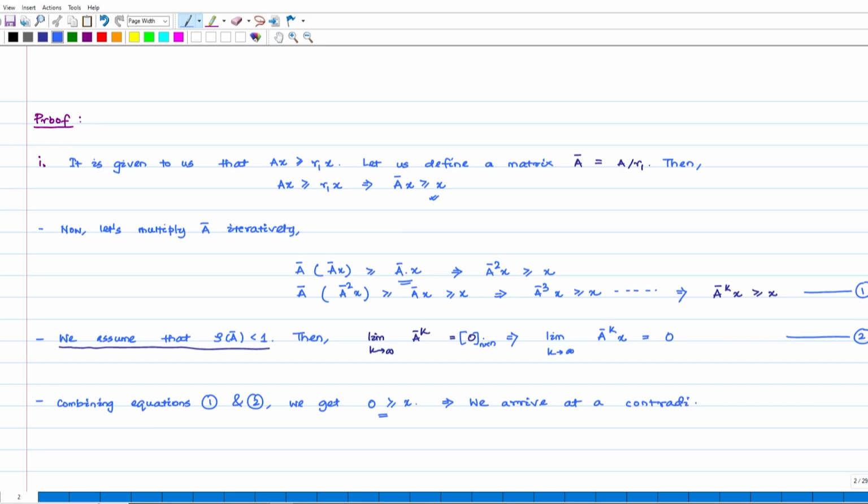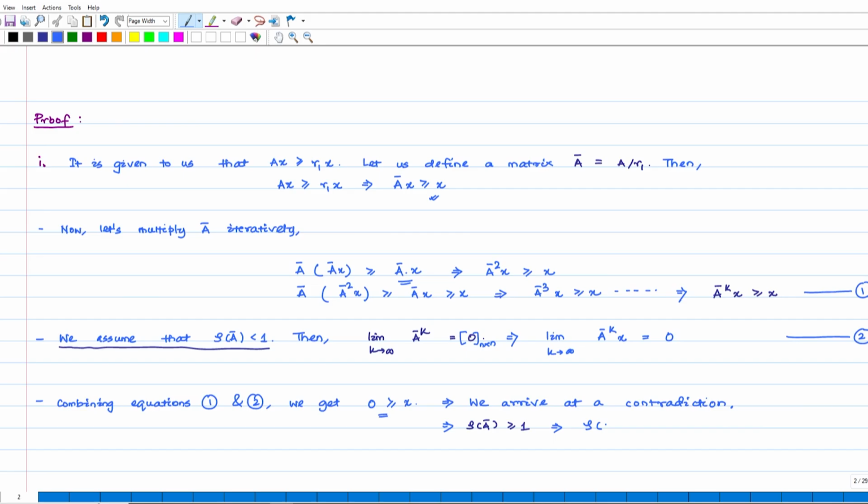Meaning our supposition or our assumption that the spectral radius of A bar is strictly less than 1 is actually not correct, which implies that the spectral radius of A bar must be greater than or equal to 1. And what is the spectral radius of A bar in terms of A?